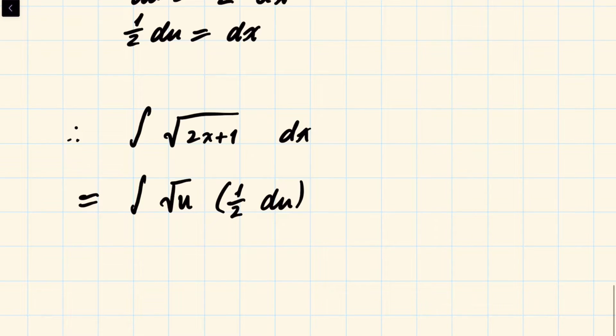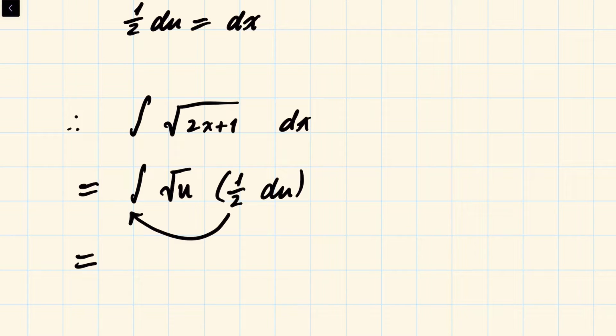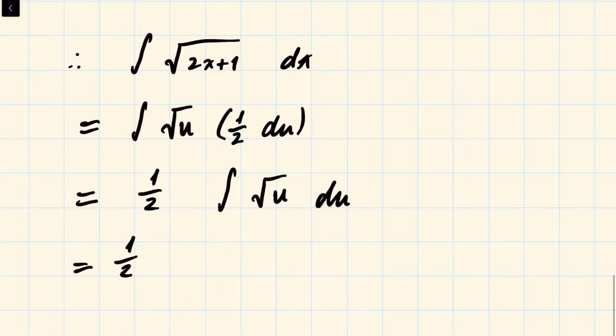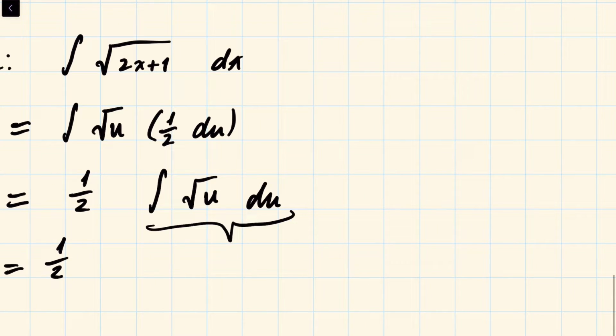Okay, and what we can do is bring that half to the front. So now we just have half of the indefinite integral of the square root of u du. So neglecting that for now, but not totally. We're just going to compute this, and that should be simple enough to do.